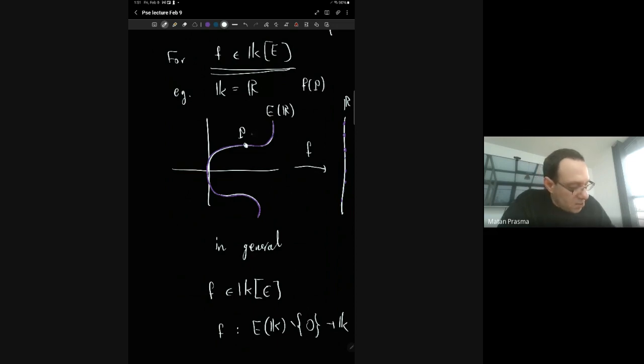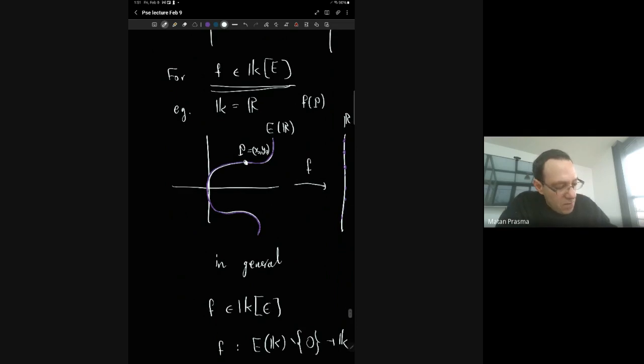P has some coordinates, x0, y0, and I just evaluate. And the equivalence relation on K[E] guarantees that if F is equivalent to G, and P is a rational point over E, then F of P is in fact equal to G of P. So this definition does not depend on the representative that I choose.